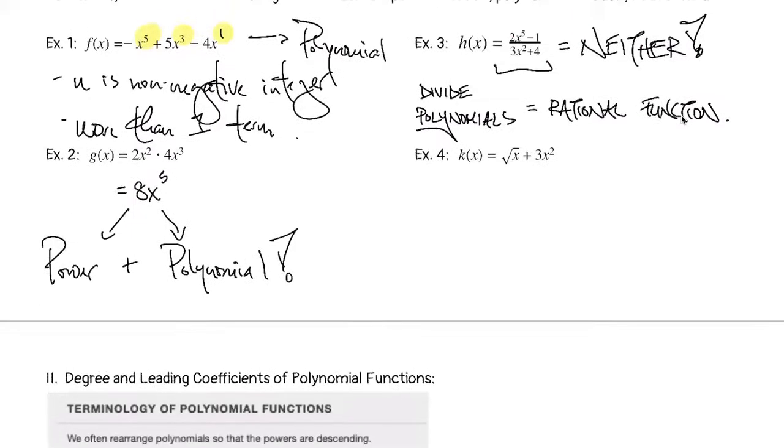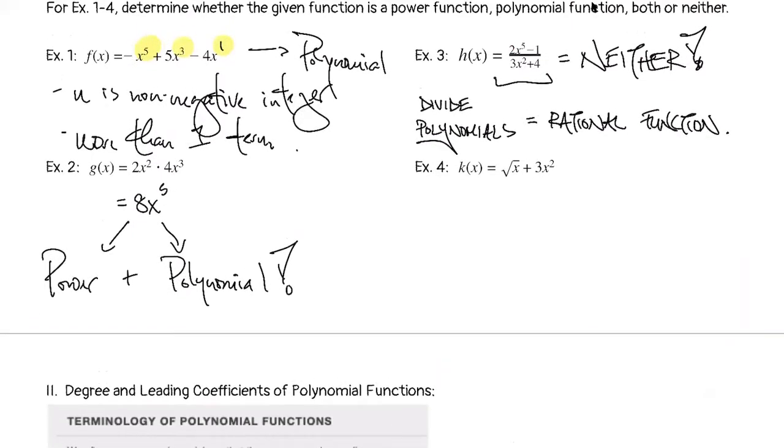All right, let's take a look at this last example for power function, polynomial, or neither. Why do you say power function? Why do we think this is a power function here?